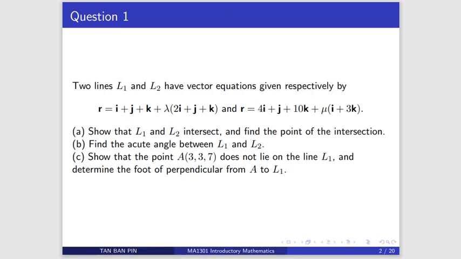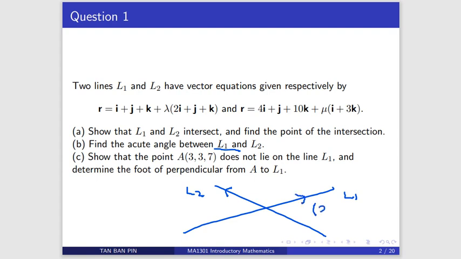Next, you need to find the acute angle between L1 and L2. If you draw two lines L1 and L2, it might happen that the direction vector of L1, let's say 2i plus j plus k, is pointing this way.